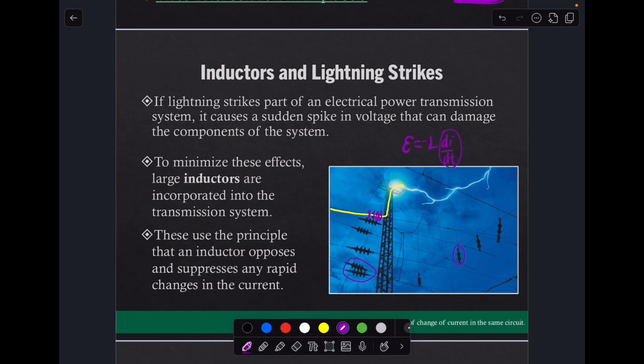And so that's going to negate any sudden changes in current that occur when lightning strikes. So inductors oppose and suppress any rapid changes in current. That is their job. And what are inductors? Inductors are simply current carrying wires wrapped in a coil configuration of some sort, okay?